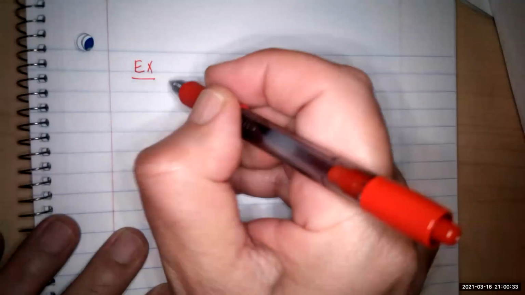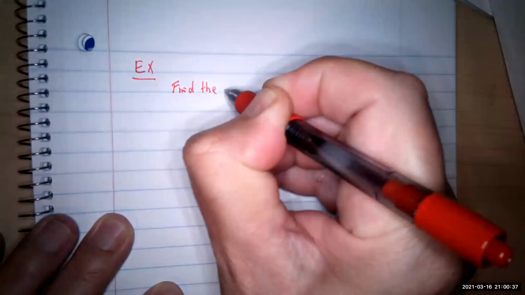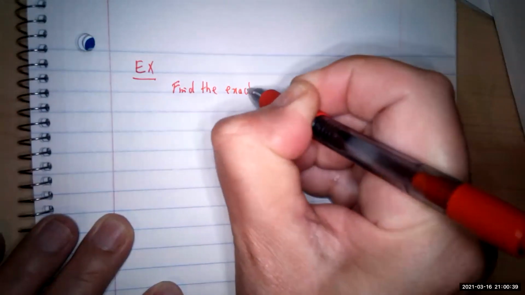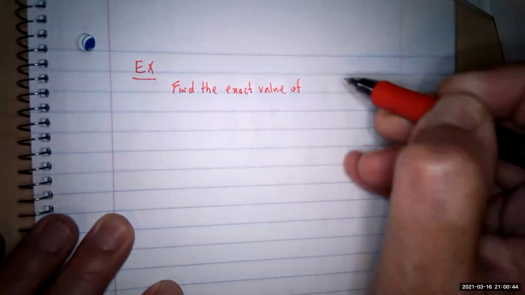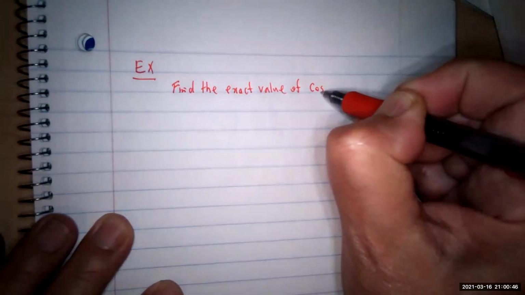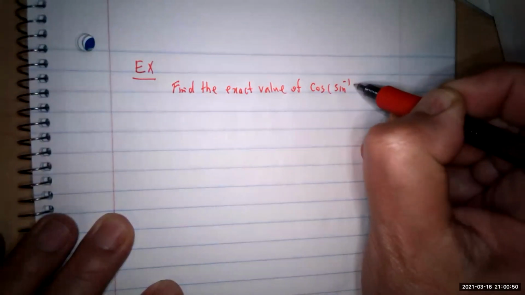Okay, let's see. This problem is very popular. You may be asked to find the exact value of, look at this one, cosine of the sine inverse of negative 1/3.